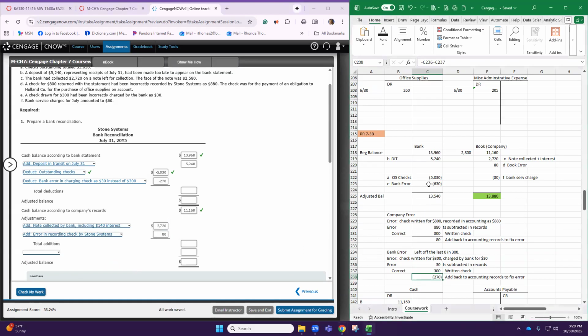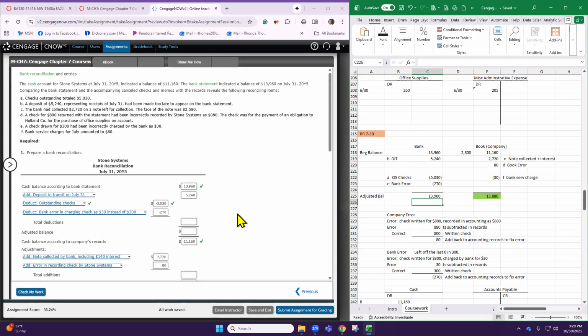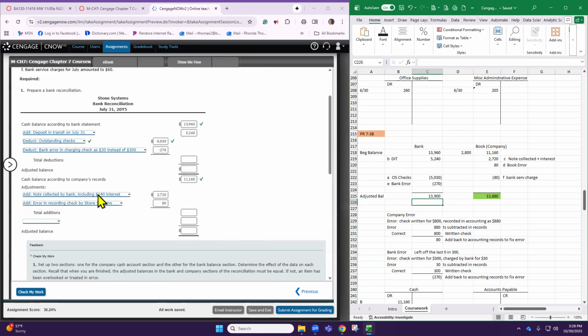Okay, and then our bank error, I need it to reflect the right amount. And then I need to make sure that and that, and then now notice I'm off, right? I am off. So I've got to figure out what I've done, because that can't be off.